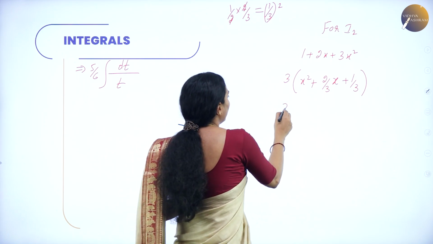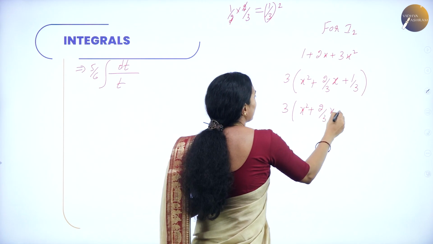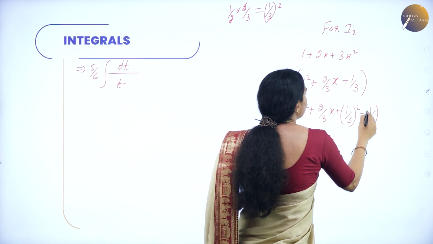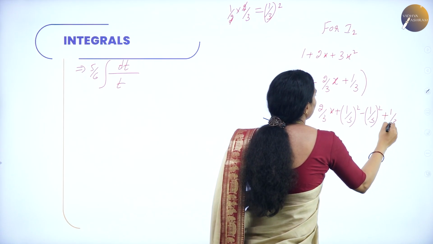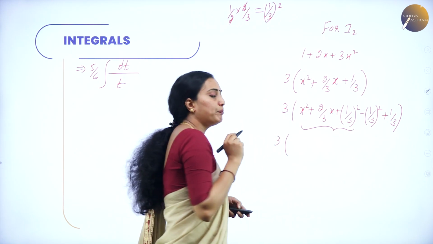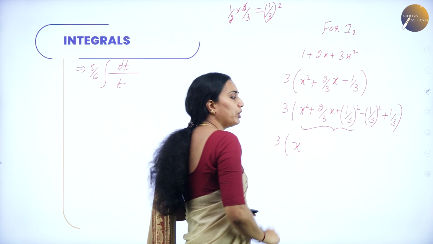Now therefore you are taking 3 into x squared plus 2 by 3 into x plus 1 by 3 whole squared, minus 1 by 3 whole squared, plus 1 by 3. Now here, 3 into this, you can have a plus b whole squared, which will become a squared plus b squared plus 2ab.